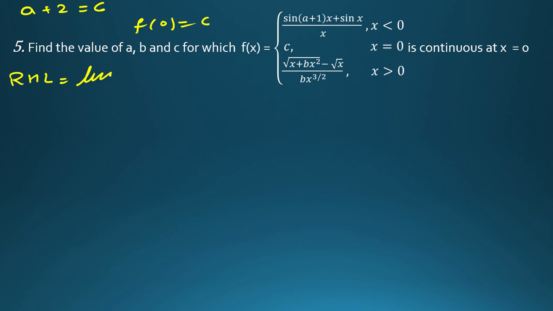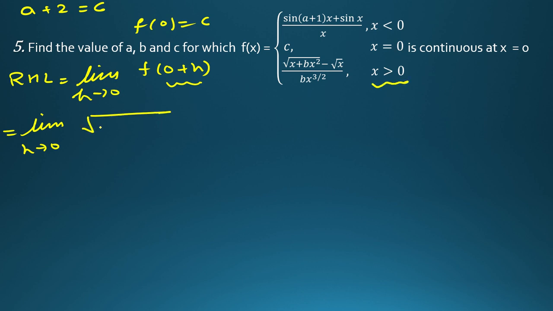It will be limit h tends to 0, f(0 plus h), and it will be equal to limit h tends to 0. 0 plus h means bigger than 0, bigger than 0 means third condition, so it is square root of (0 plus h) plus h square minus root h over b times h to the power 3 by 2. Okay, here I have done it directly.